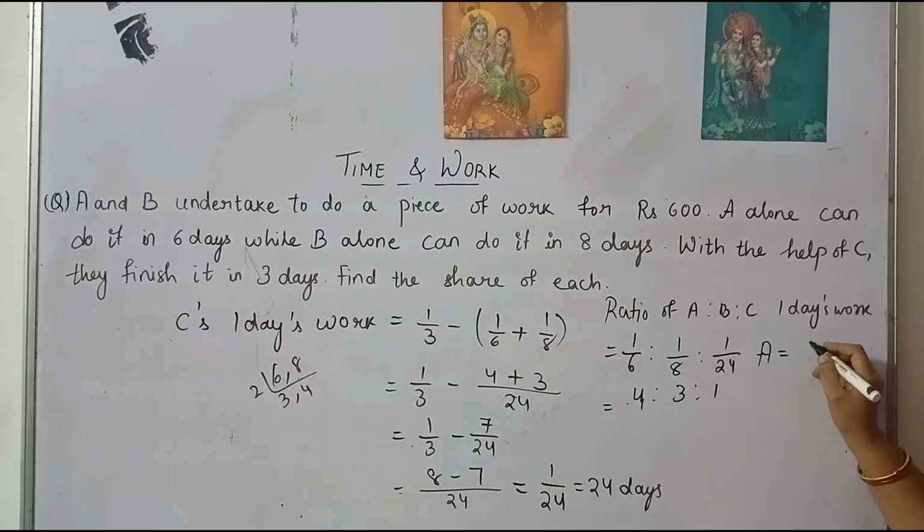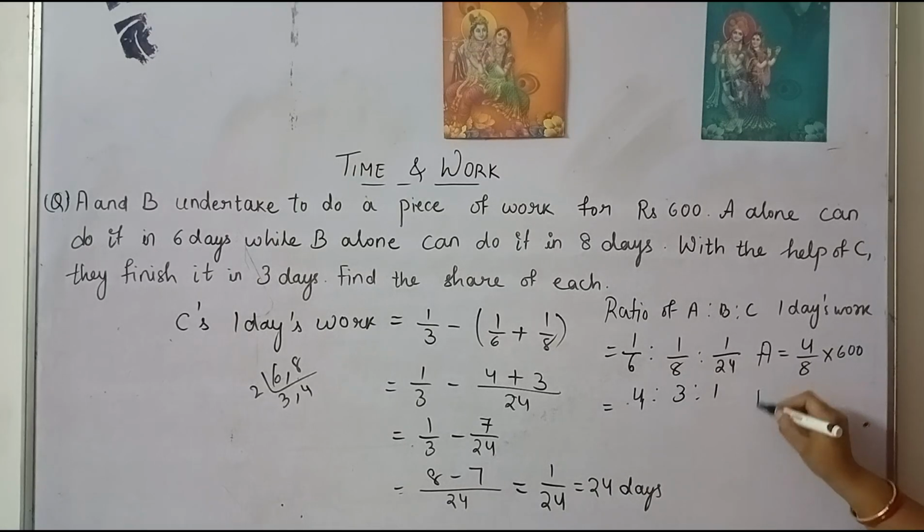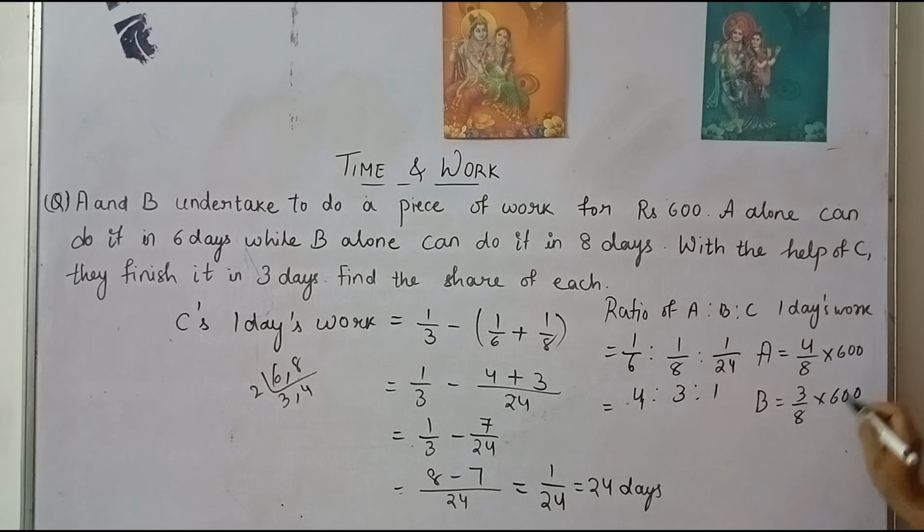A's share is 4 by 8 of 600. B's share is 3 by 8 of 600. And C's share will be 1 by 8 of 600. Yes or no? When we calculate, we can get it.